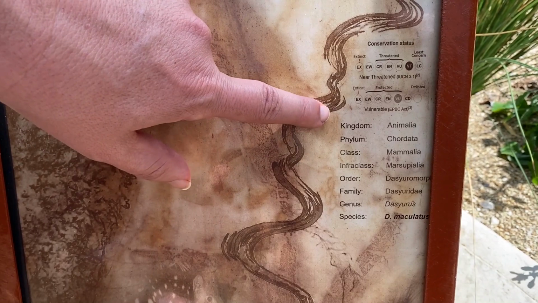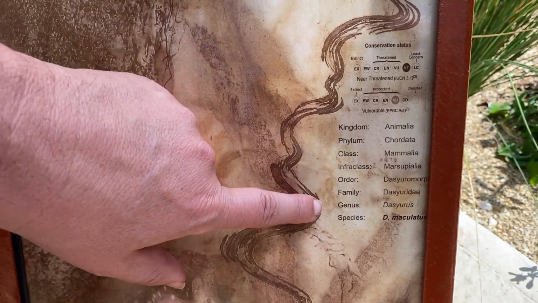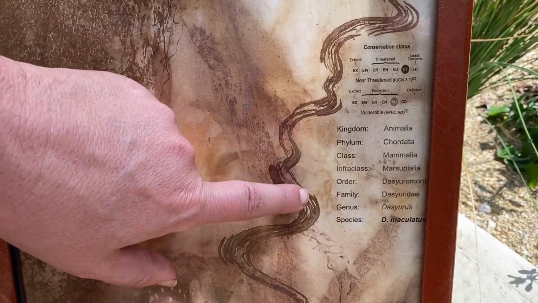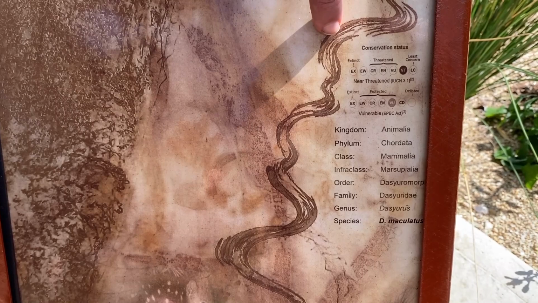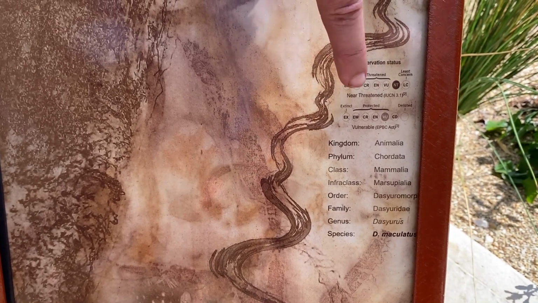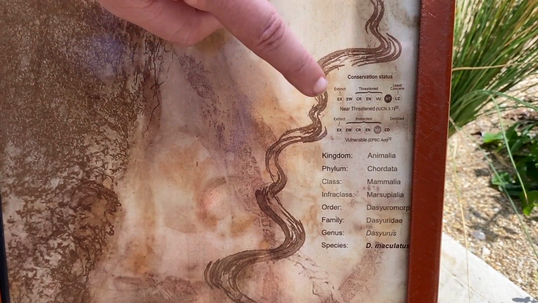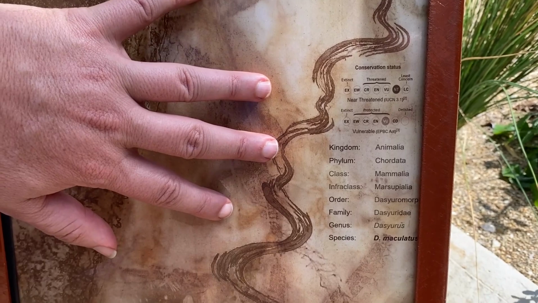And so the Linnaean system of classification is really a way of locating any species within the tree of life, and we also show its status. That's its conservation status, and in this case it's vulnerable. So very, very important to protect this species.